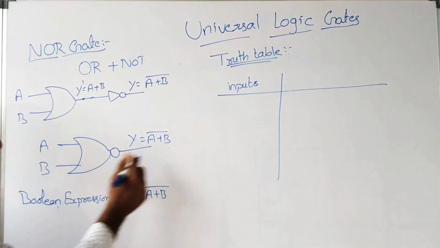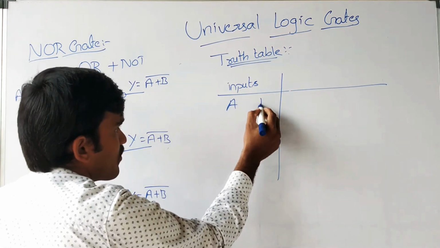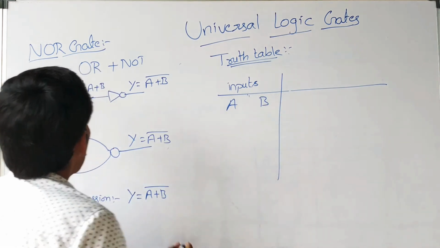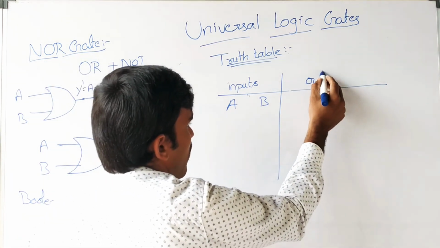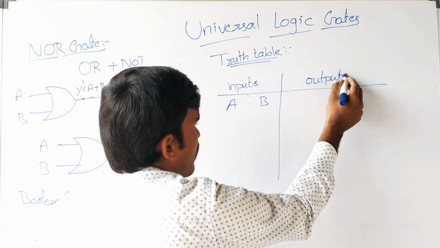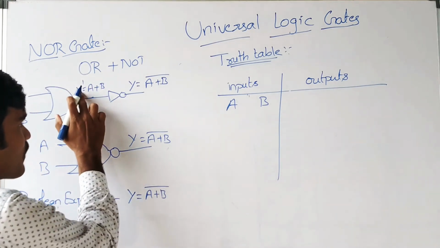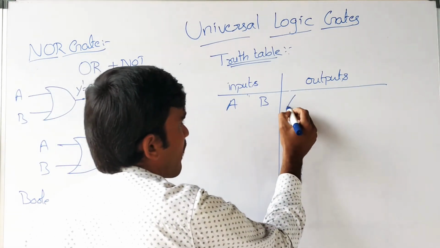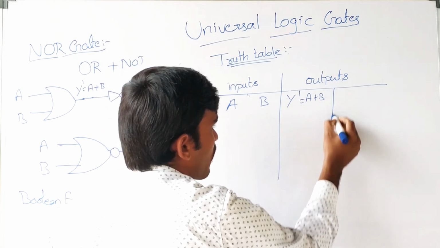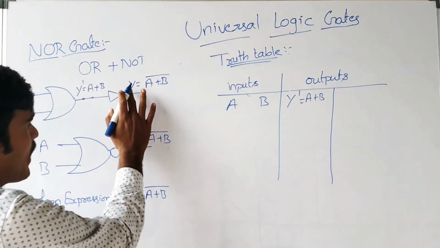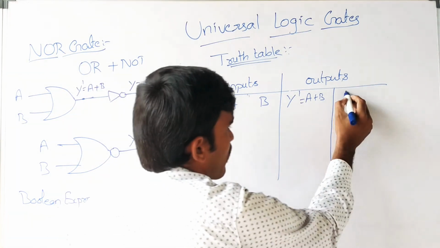A and B are the inputs. The first output is y dash equals A plus B, and another output is Y equals A plus B whole bar.